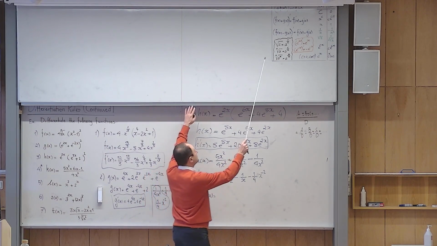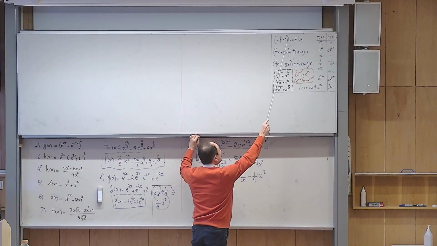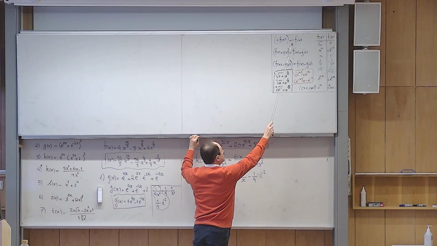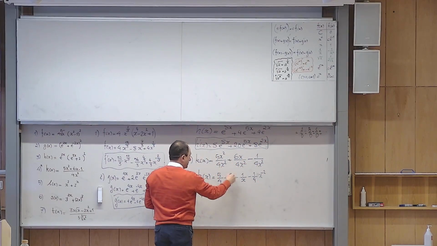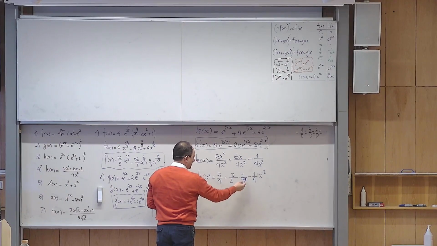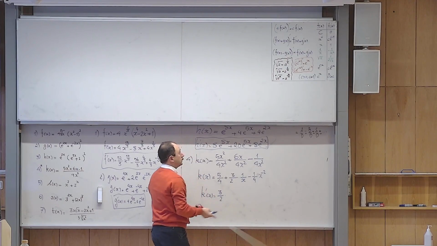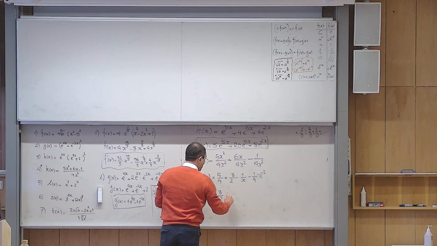One of these rules here, a constant multiplied by a function, its derivative is the constant multiplied by the derivative. So here, I don't care about the constant, I just copy and paste it here and multiply it by the derivative of 1 over x. Because I have it in my memory, I use it. So it becomes minus 1 over x squared.